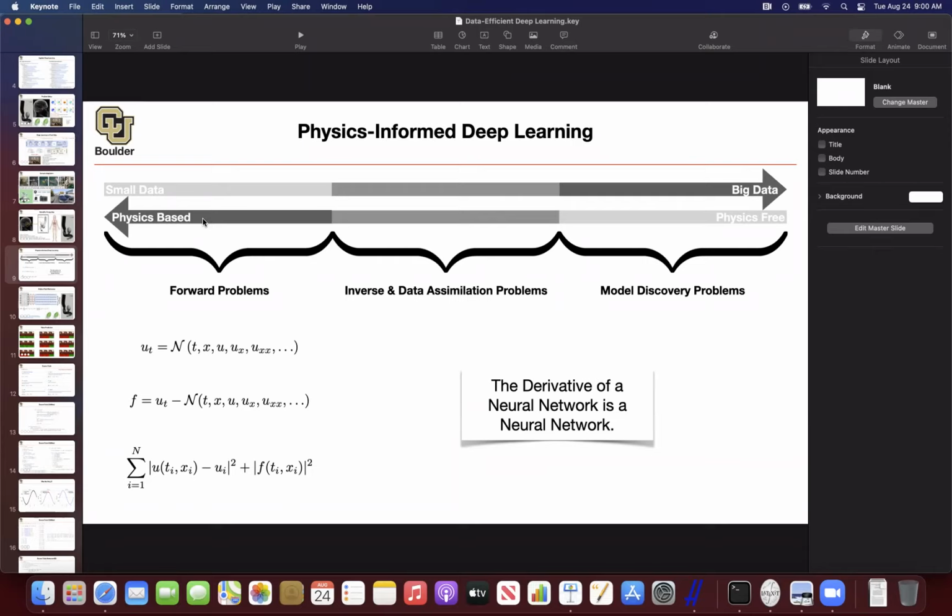And actually, this is counterintuitive. The less data that you have and the more physics assumptions that you make, it's going to be harder to train your neural network. But the more data that you have, it's going to be much easier for it because it's going to pick up information from the data.